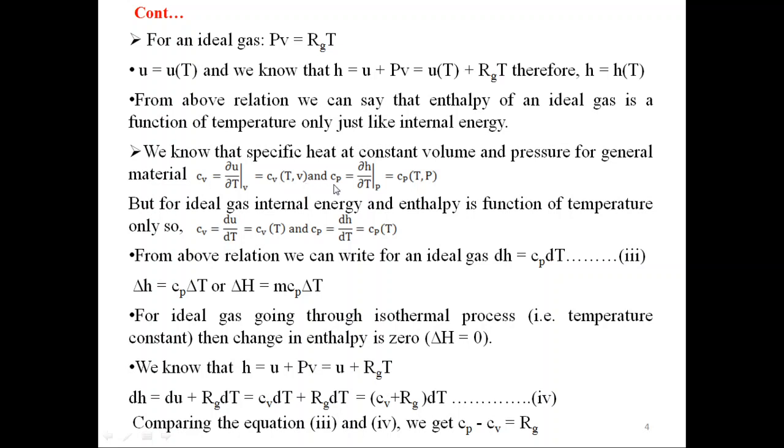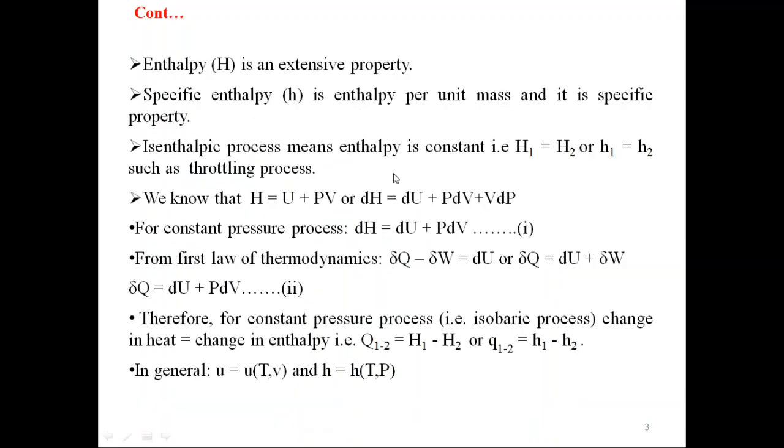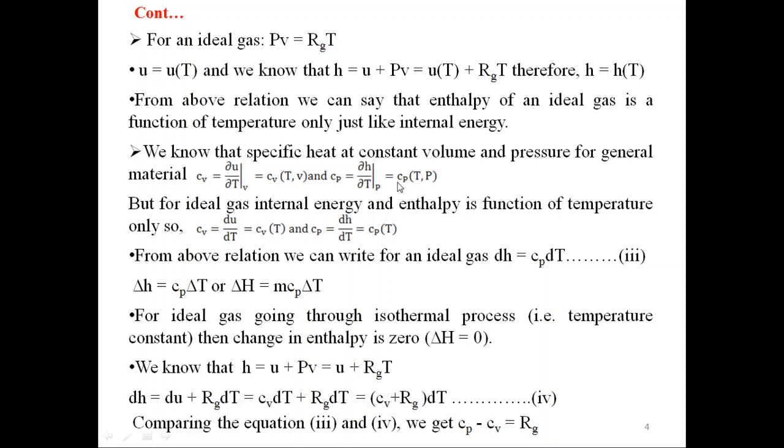And we can also write Cp, specific heat at constant pressure, equal to the partial derivative of enthalpy with respect to temperature, keeping pressure constant. As H is a function of temperature and pressure, Cp is a function of temperature and pressure.